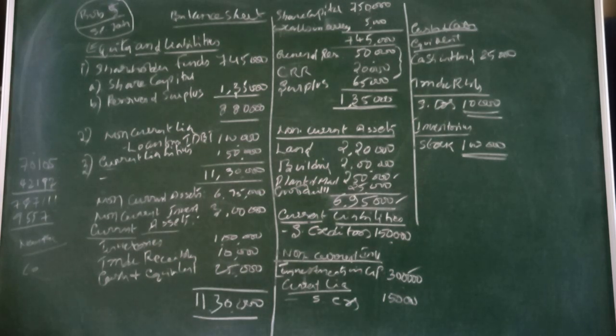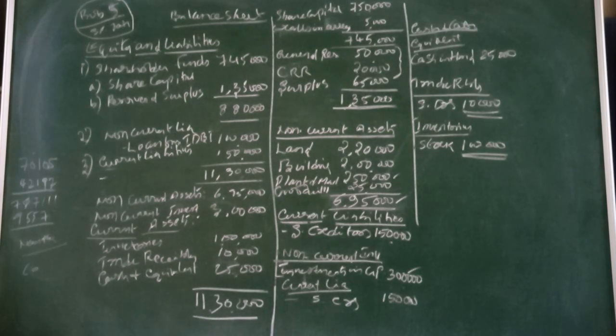It is shown in reserves and surplus. Under reserves and surplus, all sorts of reserves should be shown in this schedule. So CRR I mentioned as 20,000 rupees. Then investments in 6% GP notes. What is that investment? It is the investment made by the company.